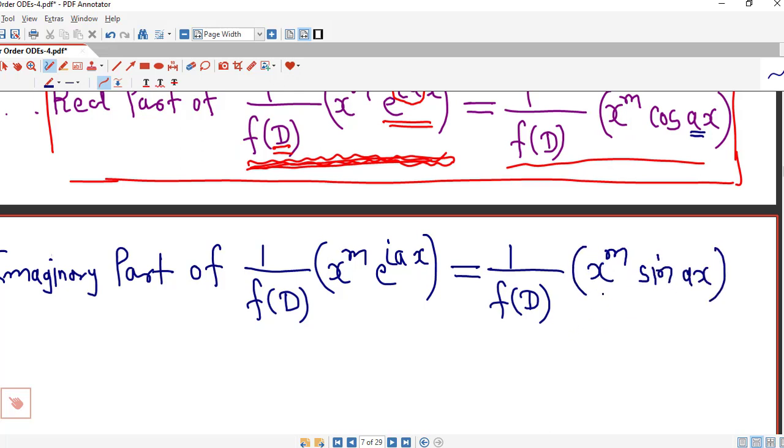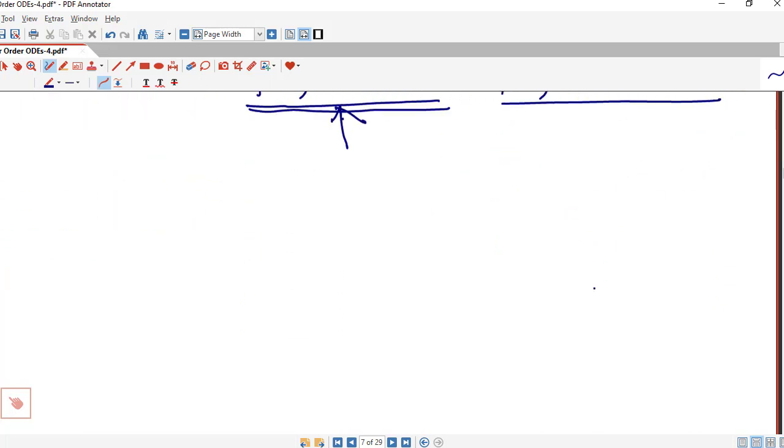So whenever the right hand side is x raised to m into sin ax, we find this quantity using the previous case of multiplication by exponential function, and whatever we obtain, its imaginary part is 1 over f of D x raised to m sin ax.